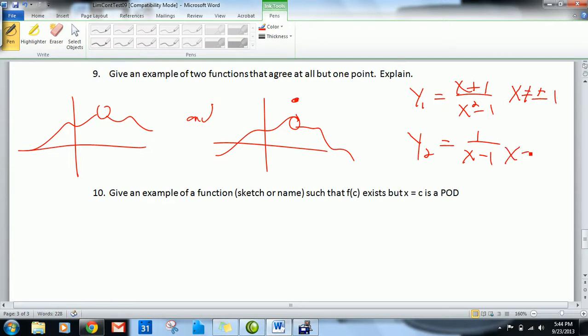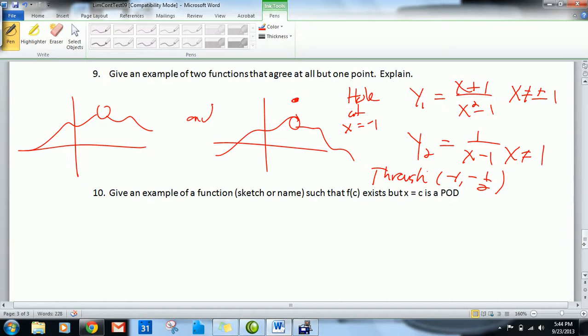The second one, x cannot be positive 1. So y1 would have a hole, a removable discontinuity, at negative 1, and y2 would have no hole at negative 1. In fact, it would go through the point negative 1, negative 1/2. So that's the only difference. Everywhere else they're the same. They agree at all but a point.